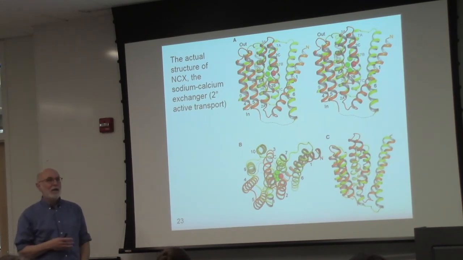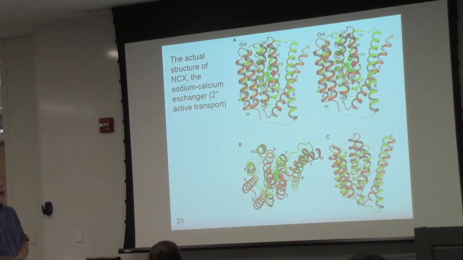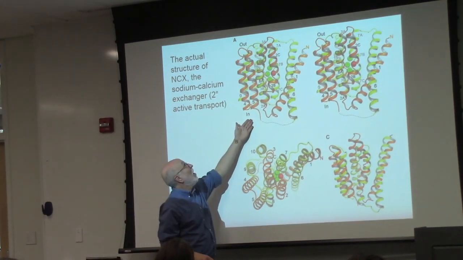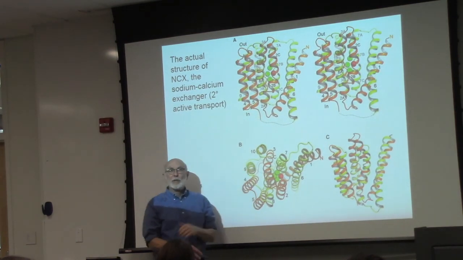The structure of an exchanger, the sodium-calcium exchanger. Can anyone guess why, in each of these images, there are two colors? What's the difference between the two colors?